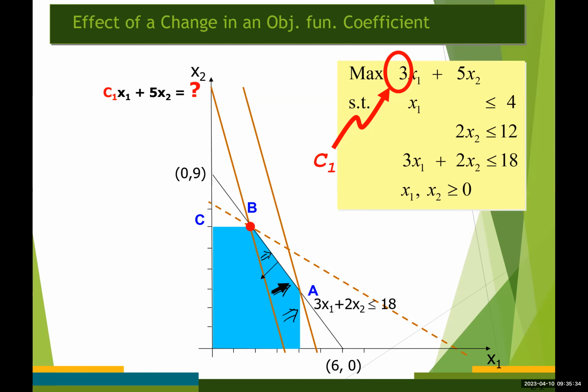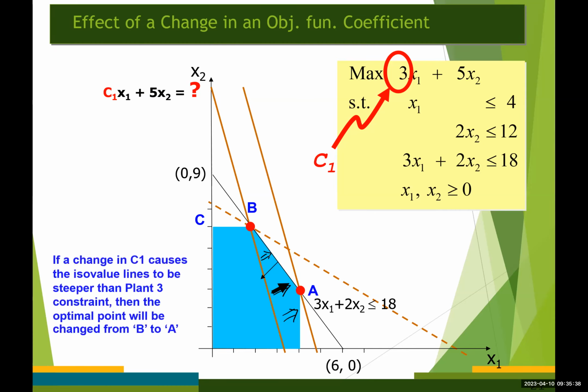And the new optimal point appears right here. So we may conclude that if a change in C1 causes the isovalue lines to be steeper than the plant number 3 constraint, then the optimal point will change from point B to point A. Is that right?